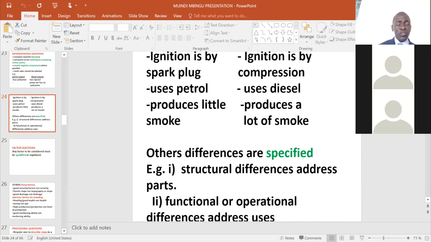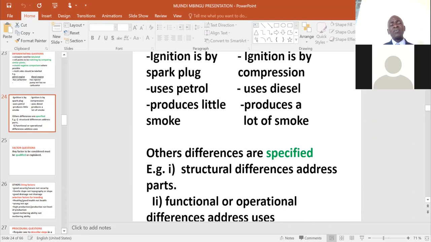So one functional difference between a ring spanner and an adjustable spanner is that an adjustable spanner can be used to tighten or loosen bolts and nuts of various sizes, different sizes, while a ring spanner can be used to tighten or loosen bolts and nuts of specific sizes.